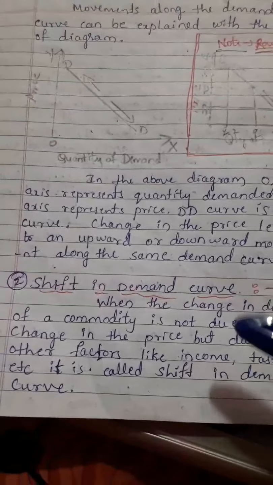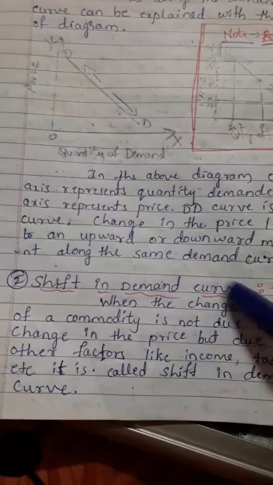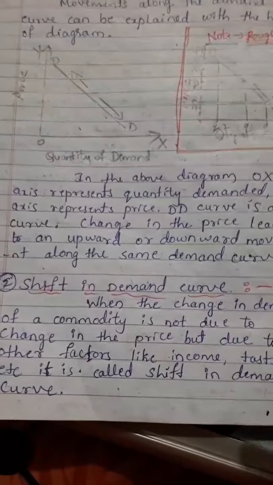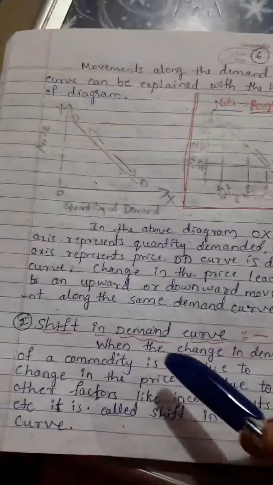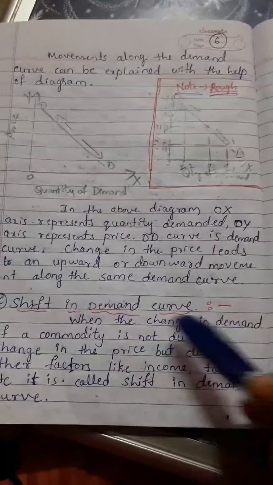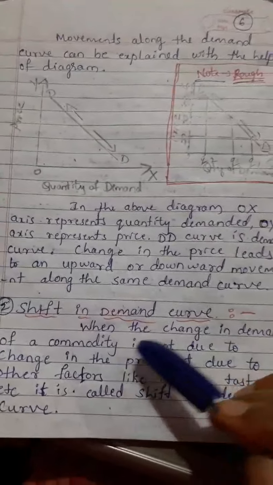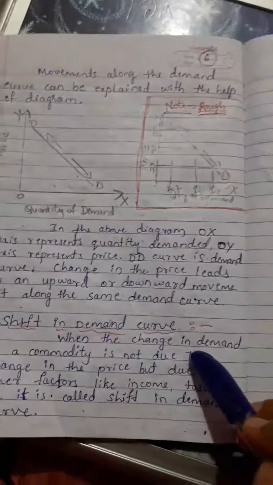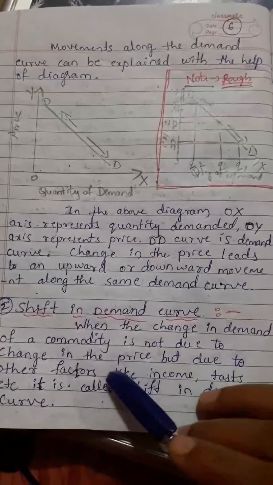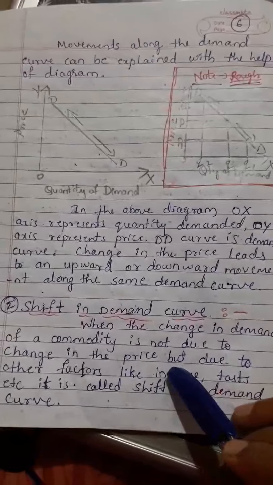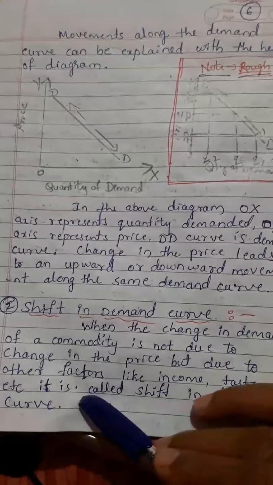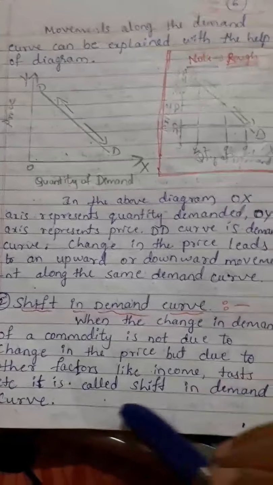Consumer. These things, other things changes, then only shift in the demand curve of rightwards and leftwards. First we know the meaning of the shift in the demand curve. When a change in the demand of a commodity is not due to a change in the price, but due to other factors like income, taste, etc., it is called shift in the demand curve.